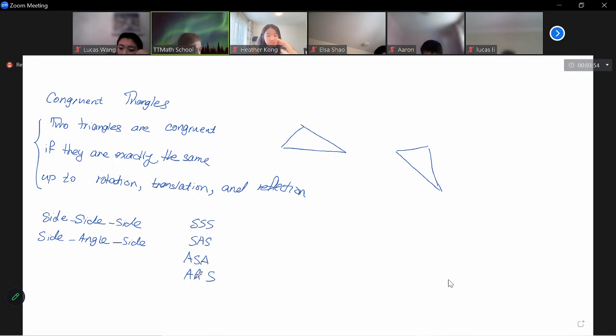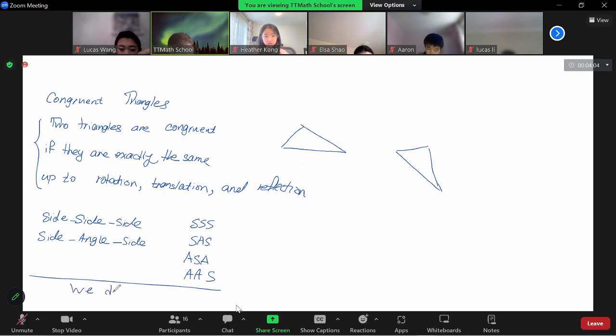And then remember that we do not have side side angle. This is very important. You remember it.